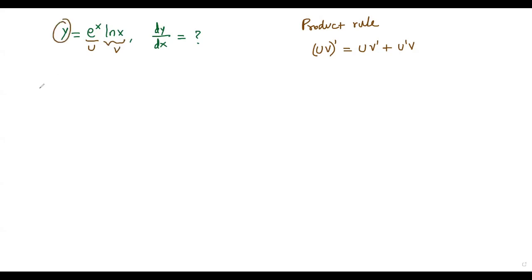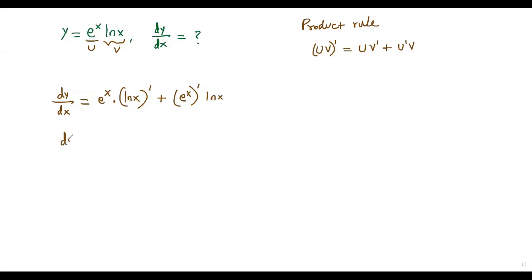So when I find the derivative of y with respect to x, it's dy over dx. According to the rule, I have to keep the first variable, e to the x power, as it is. Now I find the derivative of ln x, that is ln x prime, and keep the first part, u, as it is. Then I find the derivative of the first part and keep the second part, v, as it is.